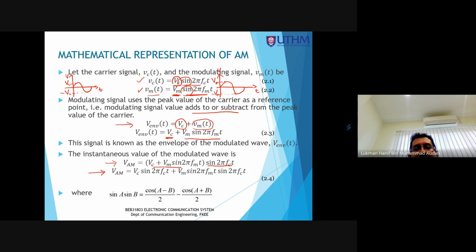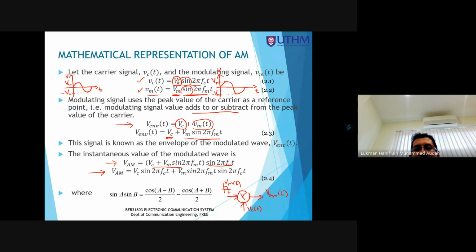So the final AM equation is this one. You have a modulator, you have the input signal VM(t), and the carrier signal VC(t), and you are going to produce VAM(t).